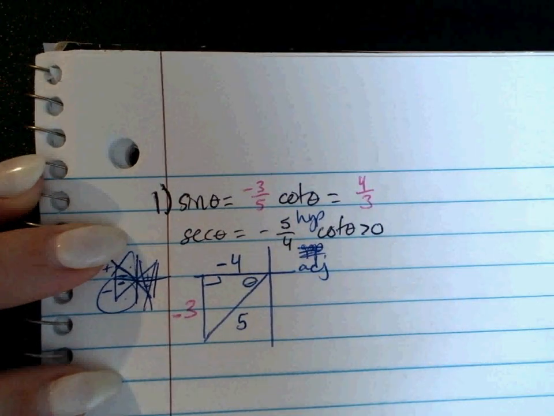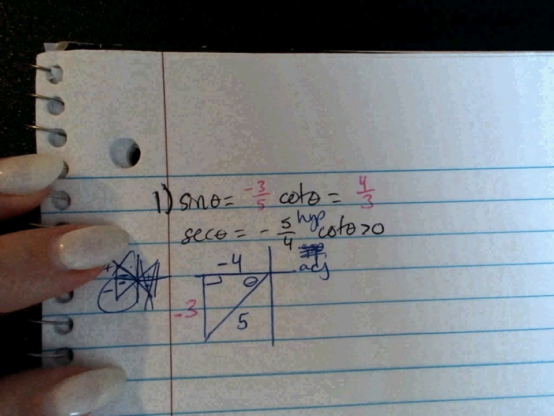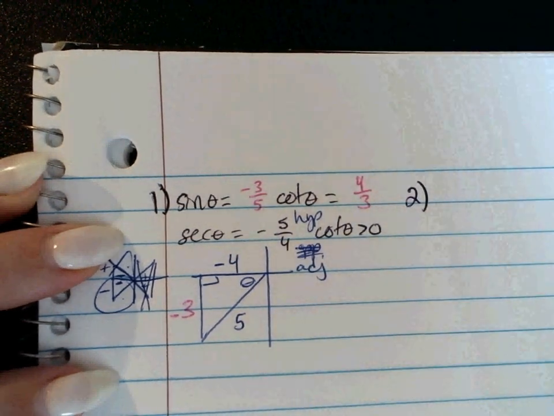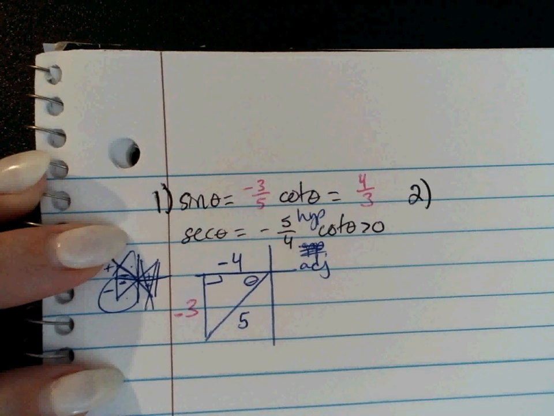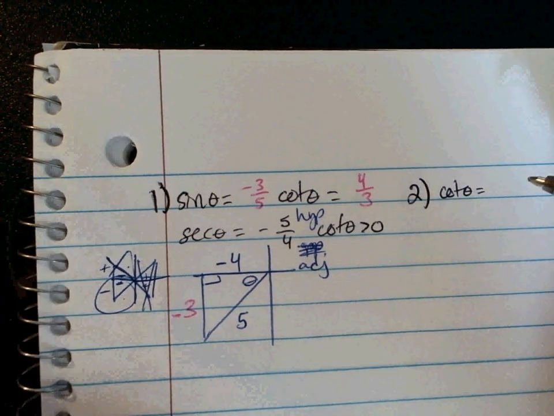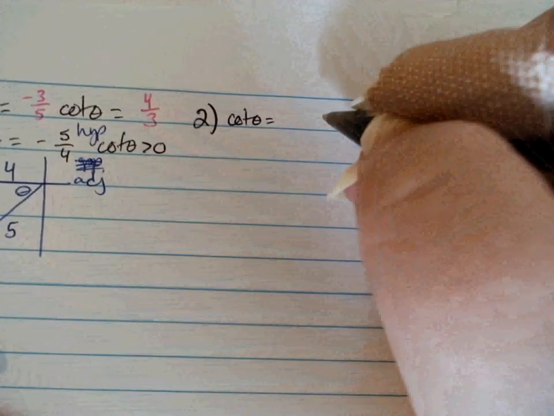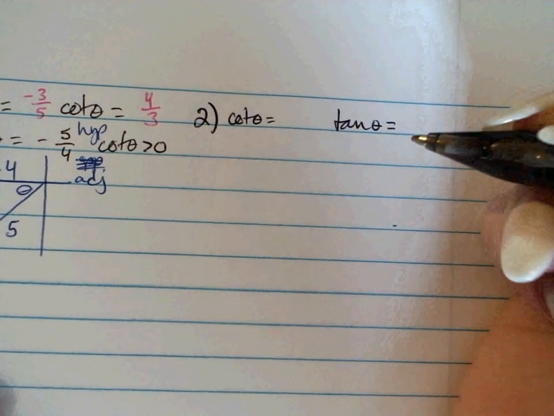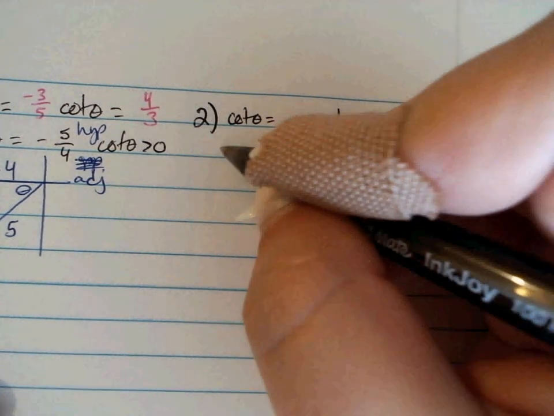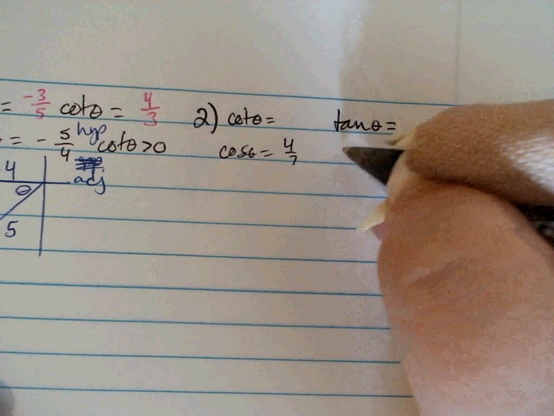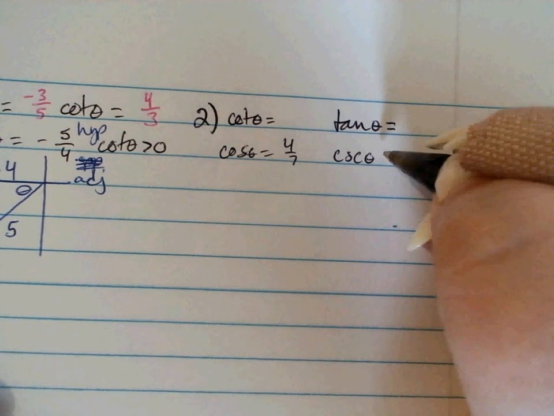Okay. Number two. Number two says to find cotangent and tangent if cosine is 4/7 and cosecant is negative.